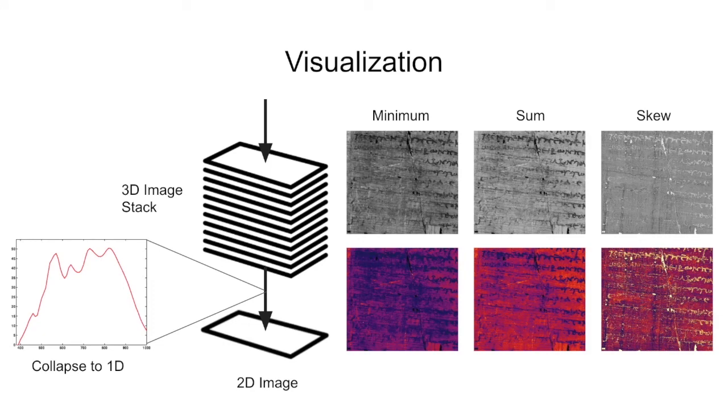So for example, this is taking the minimum of that response curve at each pixel. For cases where it's black, it'll stay black because that's the minimum value at that pixel. For the response curve, this is summing, and this is skewness. So this is actually fitting a line to this response curve and then trying to determine what the skew value of it is. And you can also do things like fit a line to it and determine the slope of the curve.